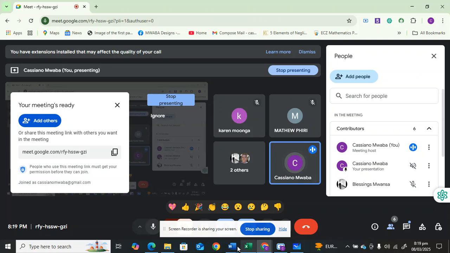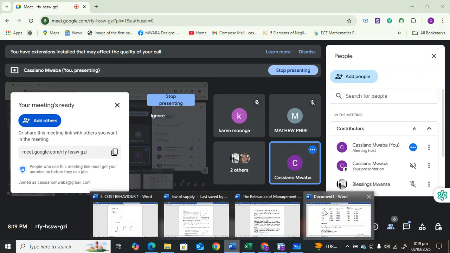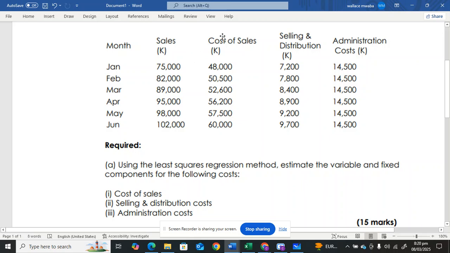So in this question, the costs of sales, selling and distribution, and administration must be separated into their variable component and their fixed component. The method we're going to use to do that is the least squares regression.